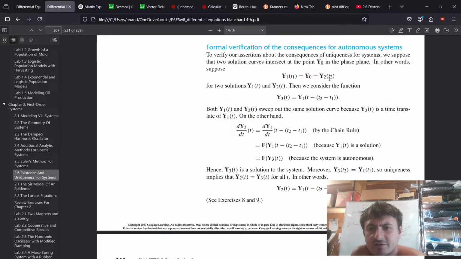So this thing turns y1 into y3. Both y1 and y3 sweep out the same solution curve because y3 is a time translation of y1.